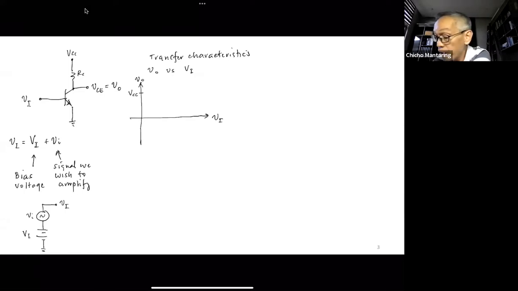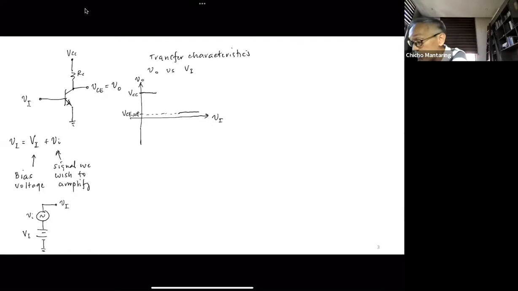On the other hand, for larger values of v_I, this transistor will go into saturation. If this goes into saturation, the smallest voltage across it will be VCE sat. So let's say VCE sat is somewhere here, and then my output will be this way. So for small values of v_I, my output is this way.